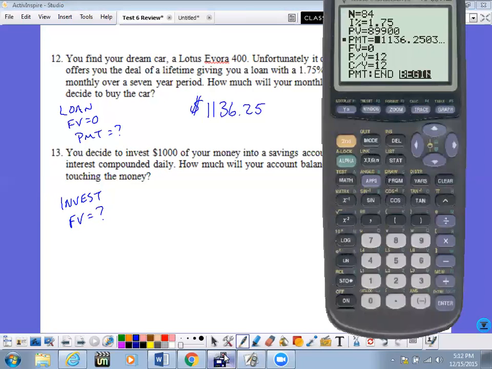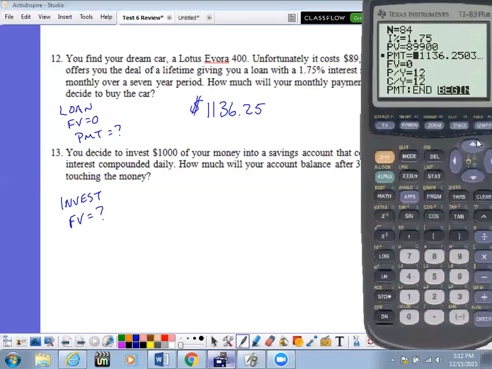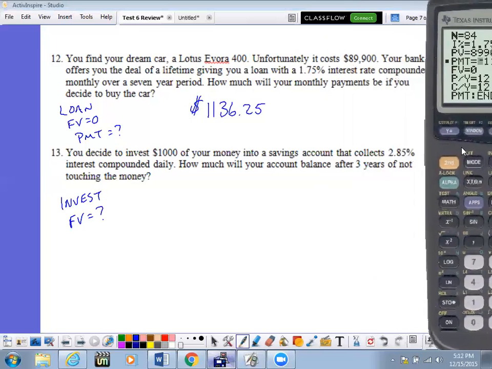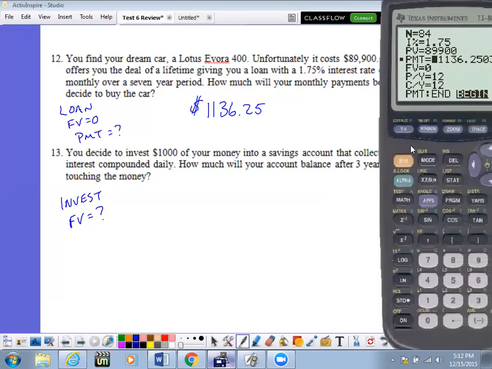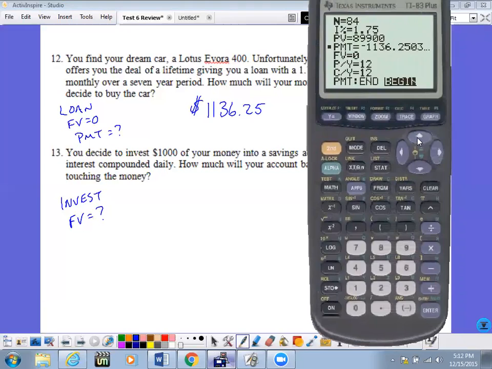So since there's no payments, we actually could use that formula. I'm not going to. I'm going to continue to use this. So it says 3 years, and it's compounded daily. So 3 years, since there's no payments, the only payments we're getting is from that compounding interest. So times 365.